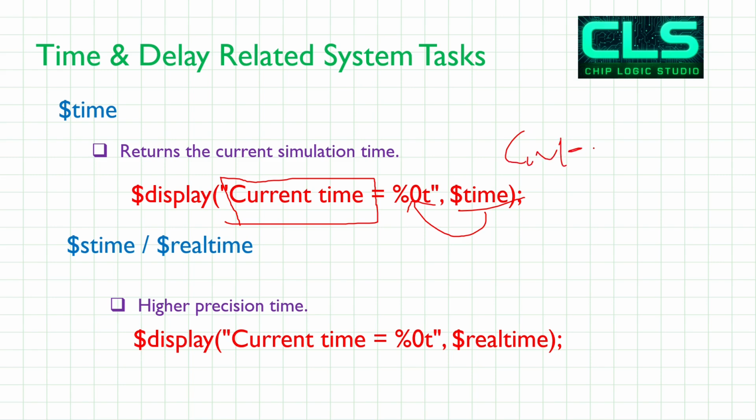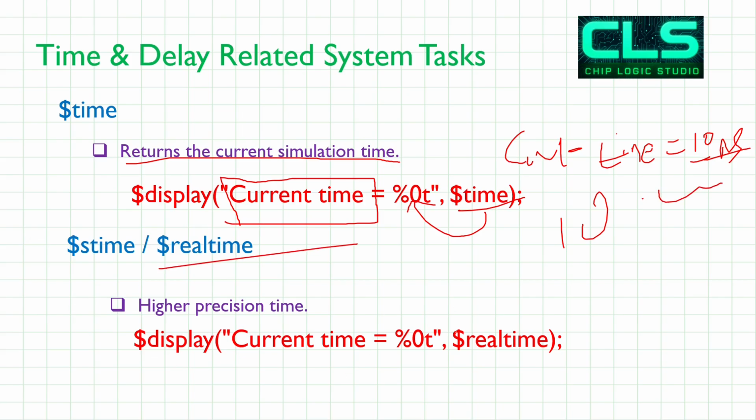If your current time is, for example, 10 nanoseconds, then 10 nanoseconds will come here. $time returns the current simulation time. If you want a precise time like 10 point something, you can use $realtime for that, which is a higher precision time system task.